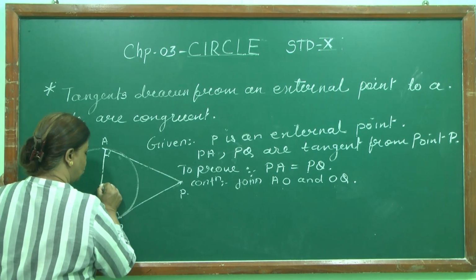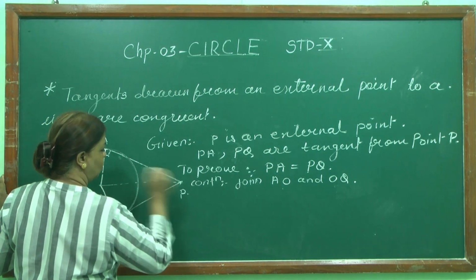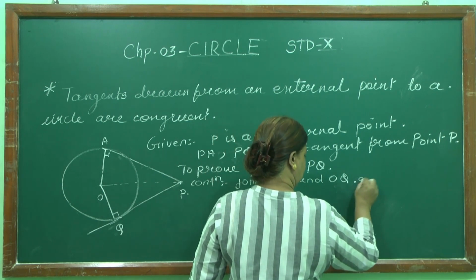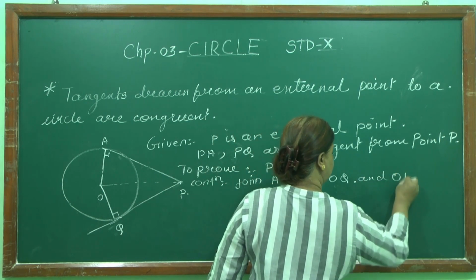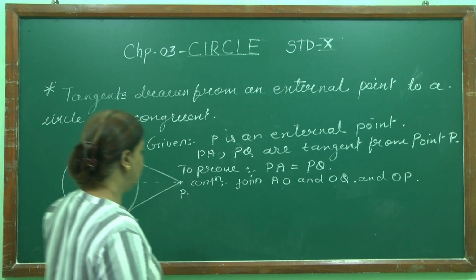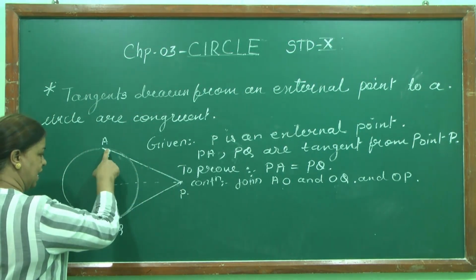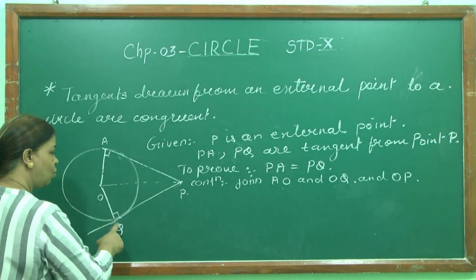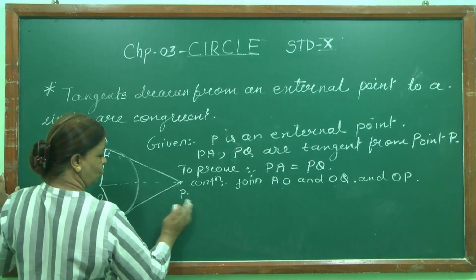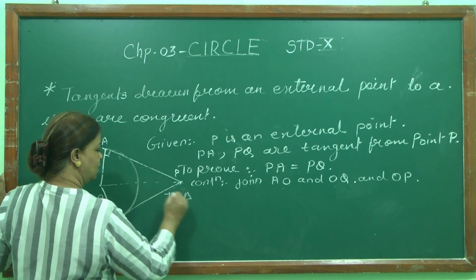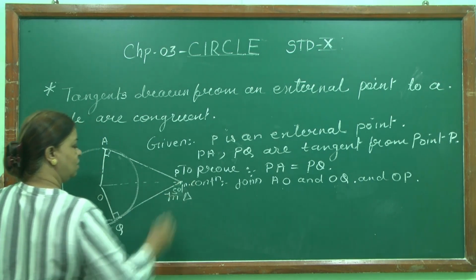I am also going to join in the middle, OP. So what are we getting? We are getting one triangle POA and POQ. So let me write P here. Now this is the solution.